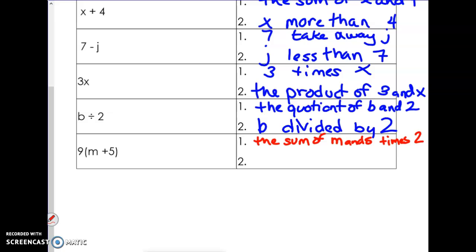Another one I could do is I could say the product of 9 and the quantity m more than 5.